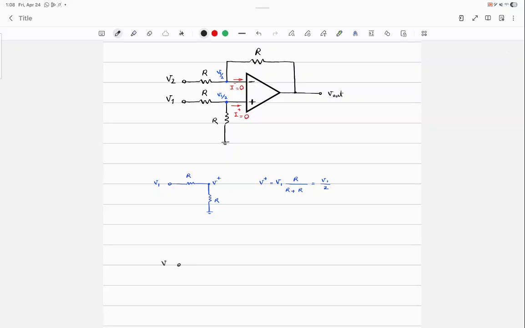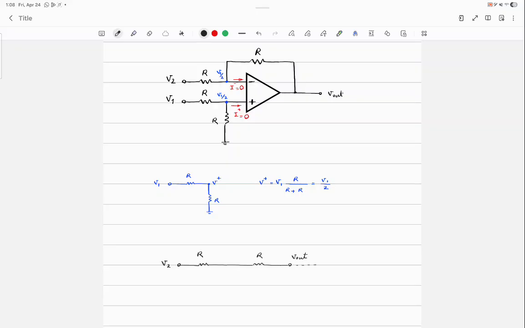So let's redraw the circuit from the top side. V2 is connected to R. Where should I go after that? I'm trying to redraw the circuit. Yes, to the other R resistor, and then finally I will get to V out.